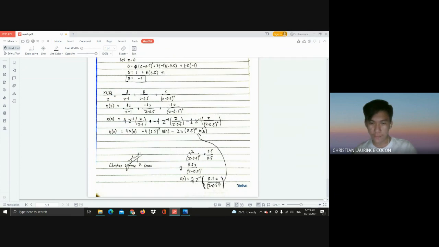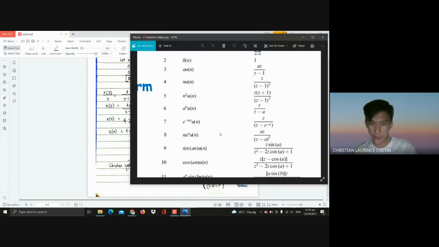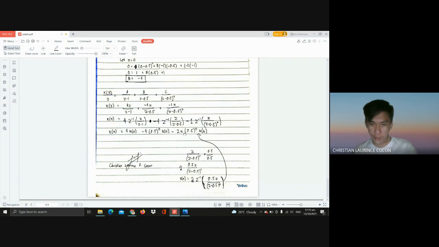So we have n a to the n u of n, with the constant 2, then n times 0.5, which is our a, raised to n u of n.